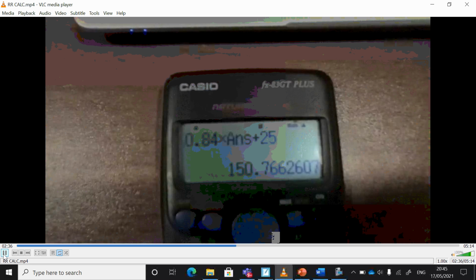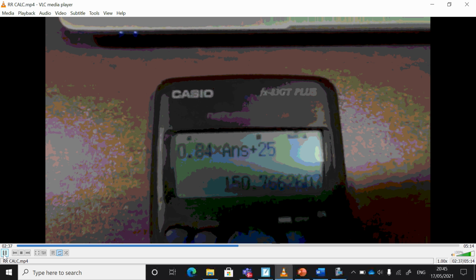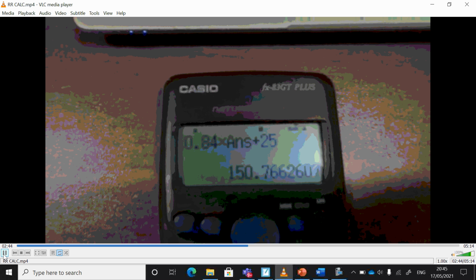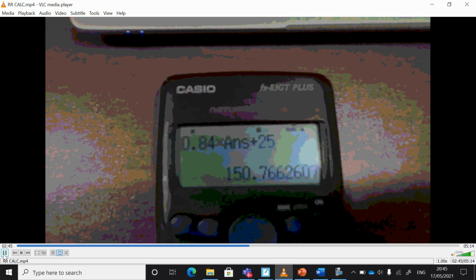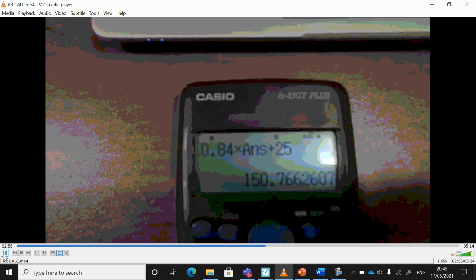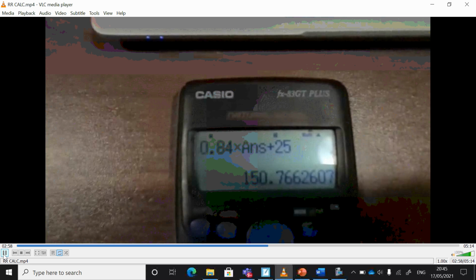So hopefully, if you've got this type of calculator, that's what to do. Make sure your initial number is in your answer. If you wanted to continue from here and see, can I hit the limit? Just keep on hitting the equals key. You can go and do that.